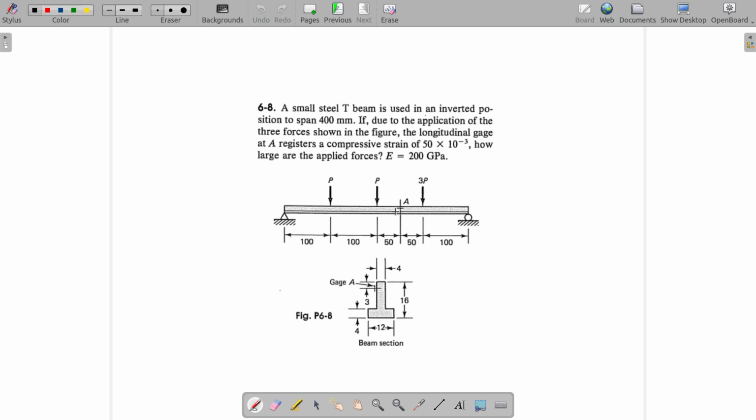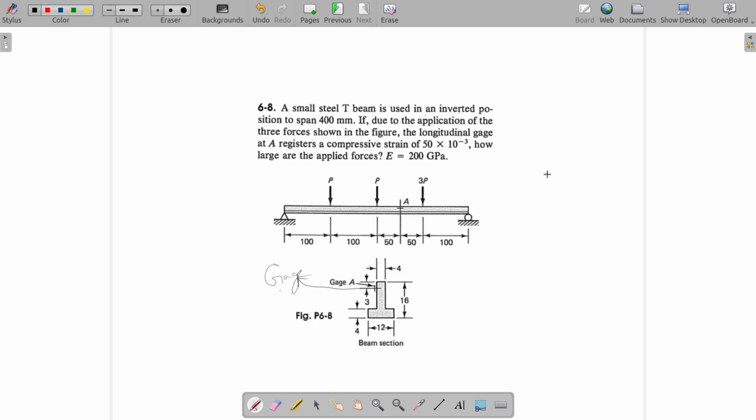And A is this part here. So we are taking a section here, and this is shown here. And gauge A is essentially here. Now that registers a compressive strain of this value.